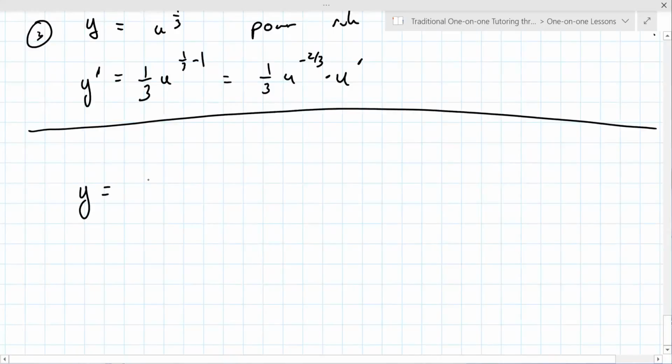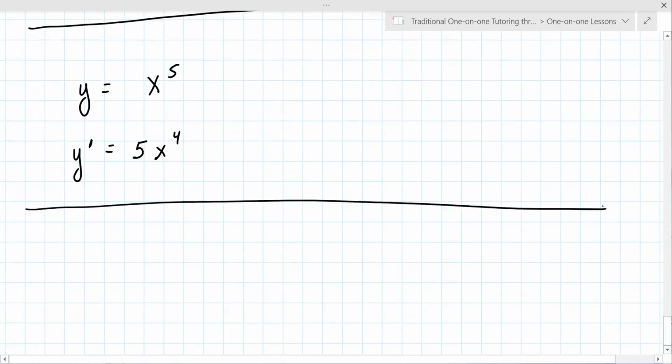All right, so let's go backwards here. Y equals x to the 5th. What is the derivative? It's 5x to the 4th. Okay. Let's say y equals x to the 2/5 power.